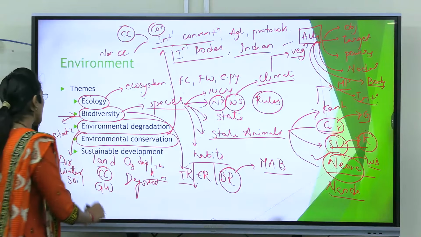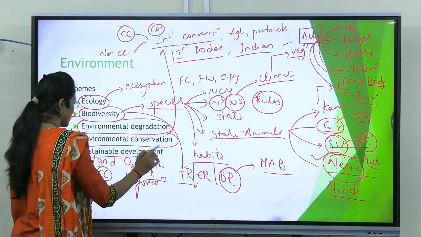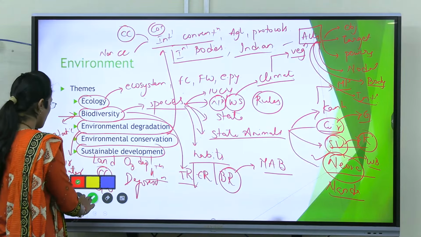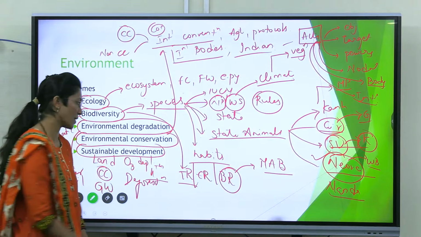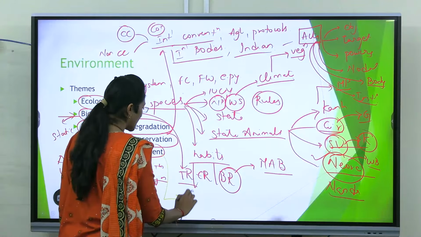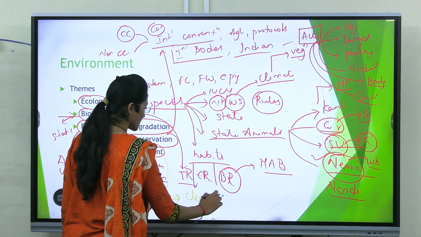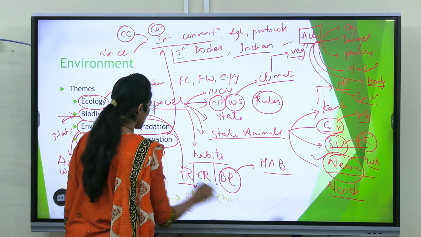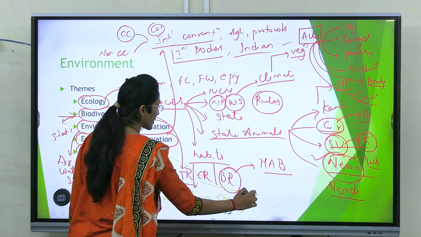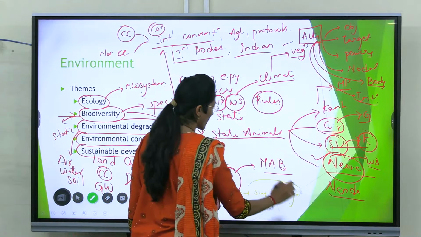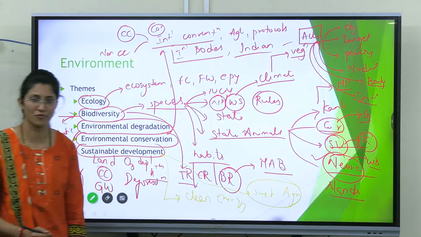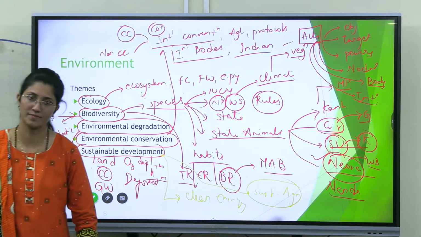The next comes sustainable development. What comes under sustainable development? Sustainable development is about clean energy sources and sustainable agriculture. This also overlaps with economic geography and economy.